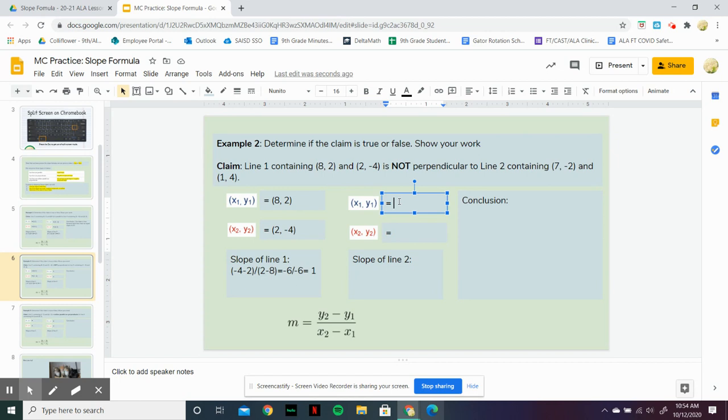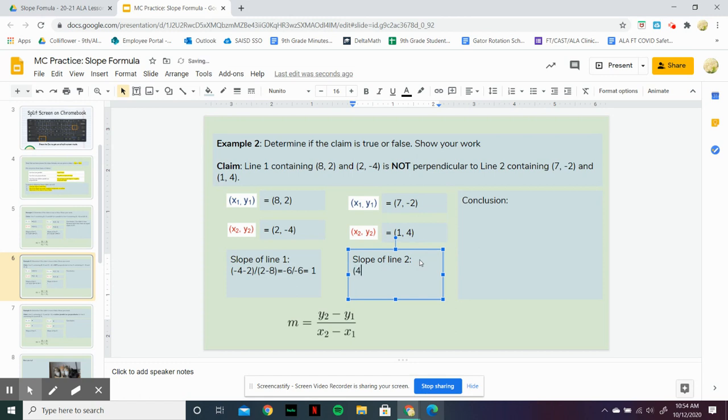To find the slope of line 2, I'm going to set (7, -2) to x1, y1. I'm going to set the point (1, 4) equal to x2, y2 and then find the slope.